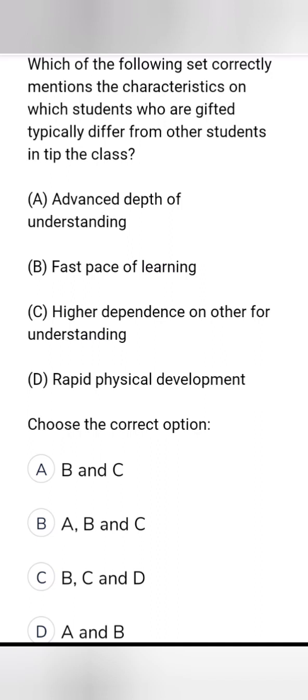D, rapid physical development. Choose the correct option. Option number A, A, B and C. Option number B, A, B and C. Option number C, B, C and D. Option number D, A and B. Option number D is the right answer. A and B.